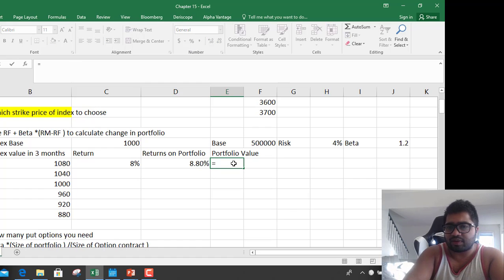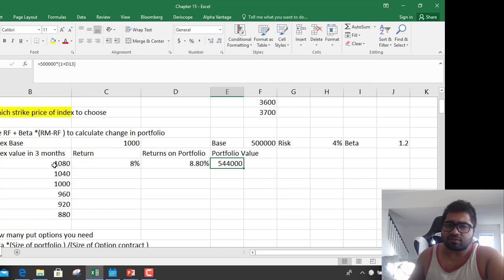So portfolio value will become 500,000, the base value, times 1 plus 8.8%. So if the index goes up to 1080, the portfolio will be going up to 544,400.